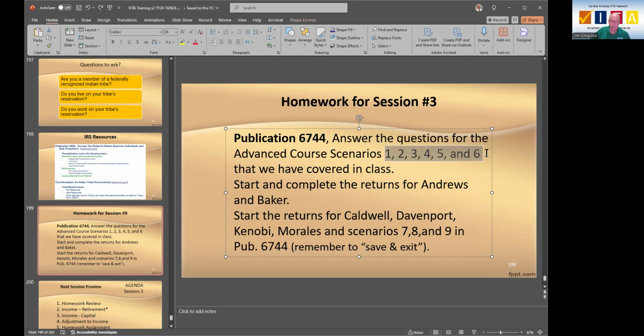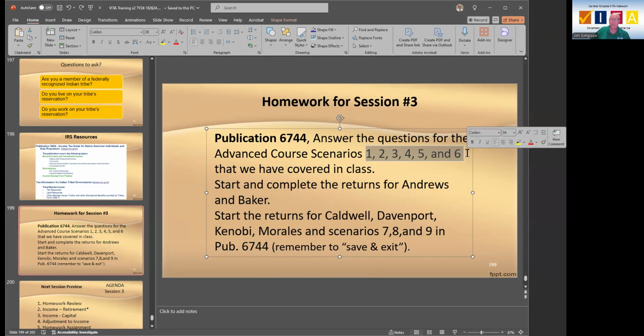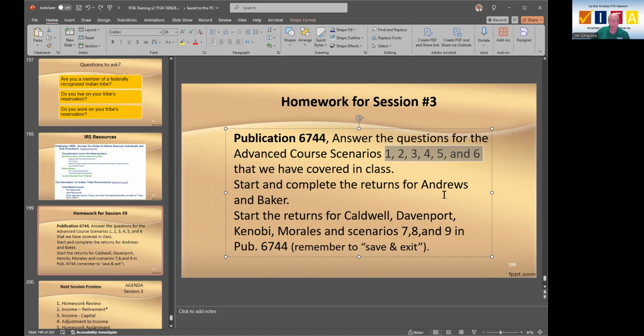Do your best. You might not be able to answer all of them, but answer as many as you can. Start answering the questions in these tests, because then you'll know what questions you have to go research or ask your site coordinator or other folks that you work with to help you with it.